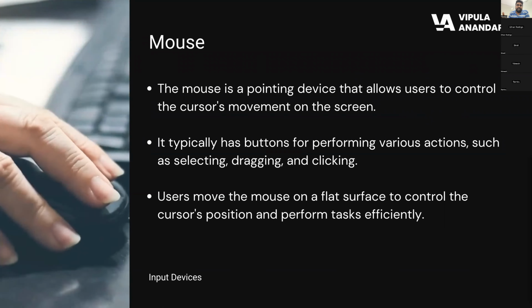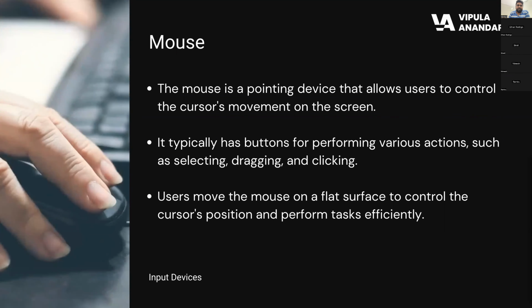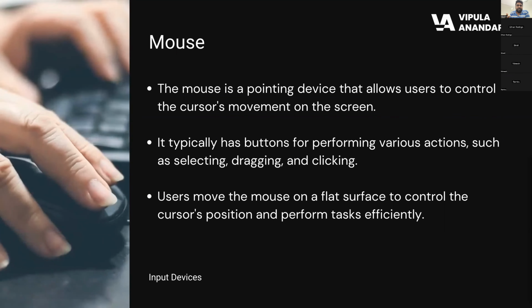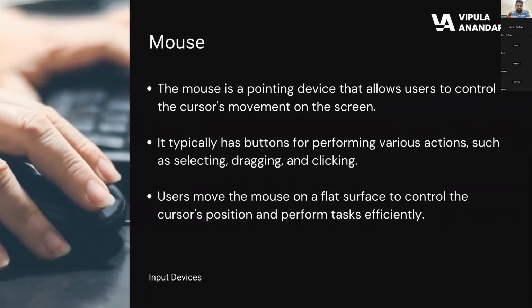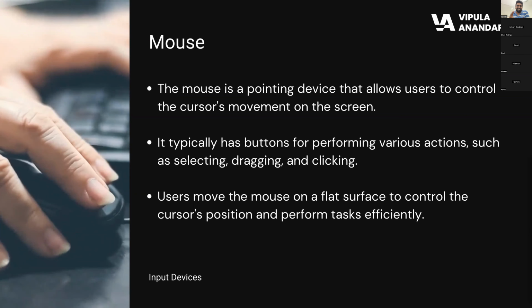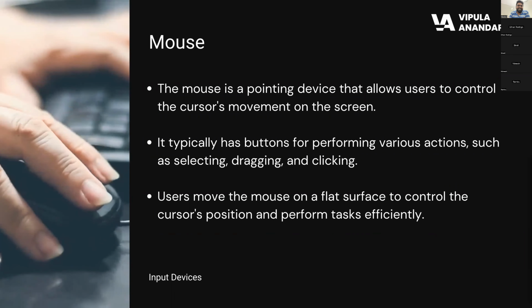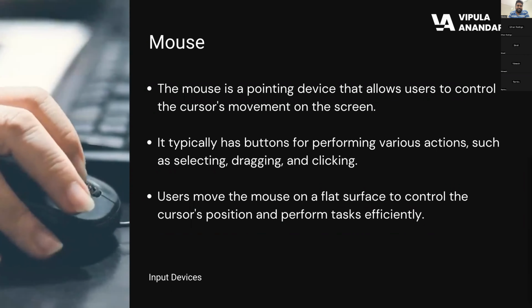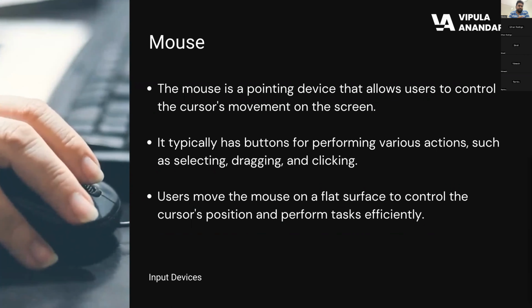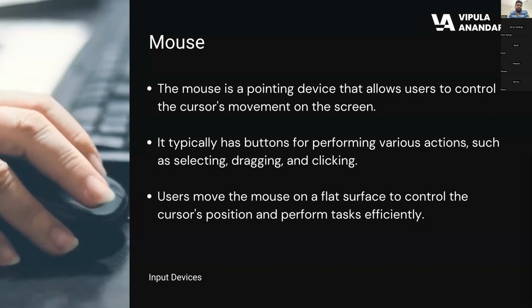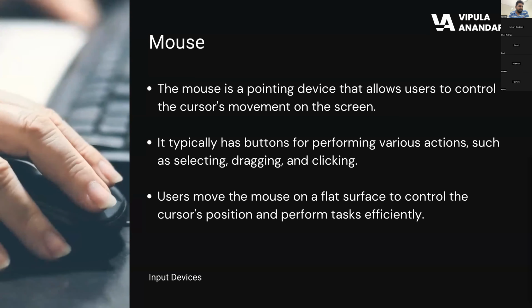And when it comes to Apple products, the Apple Magic Mouse does not have any buttons, so it's kind of like a single touch surface, so it will detect where you touch and take it as a button click. So there are different types of mice, but the most typical one is what you have with 2 buttons.